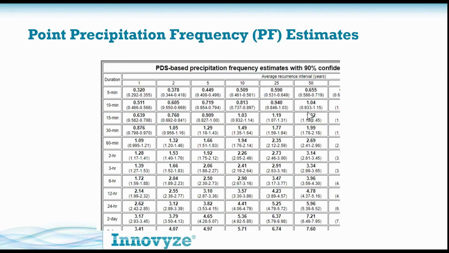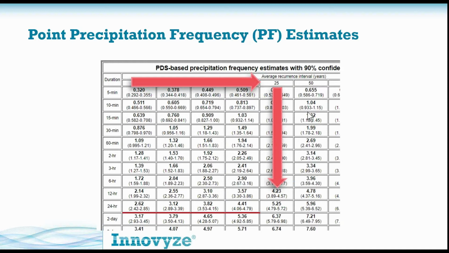And if we look at that in a little bit more detail, we get, hey, there's a chart, and that chart helps us identify really that duration. What's that recurrence interval, by the duration.